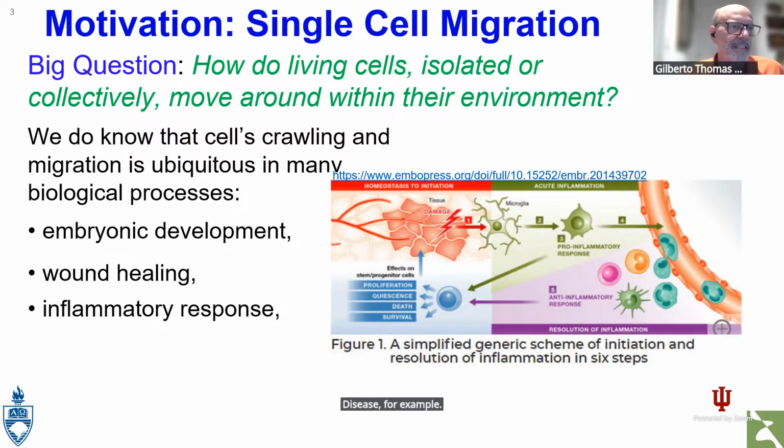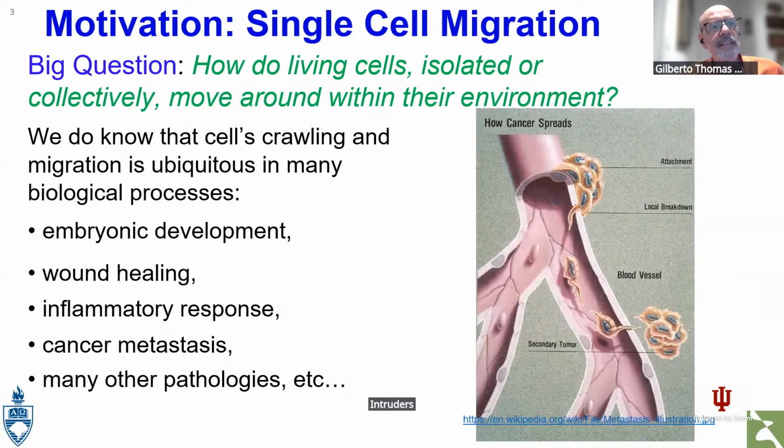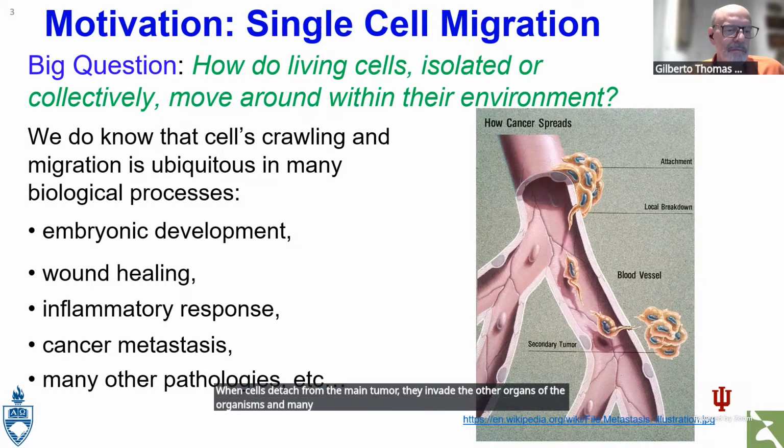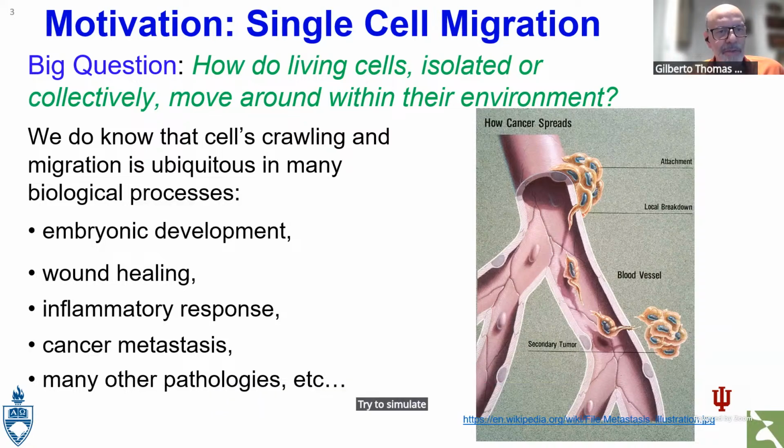Cells attack these intruders. We have cancer metastasis, when cells detach from the main tumor and invade other organs of the organism, and many other pathologies. So we have to understand and try to simulate how cells move.